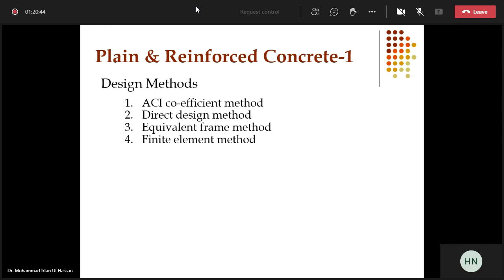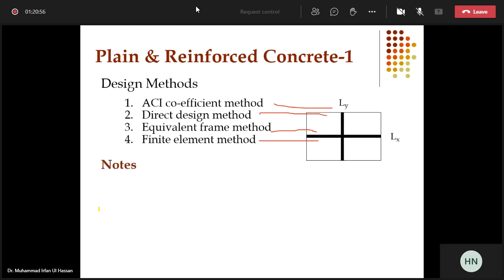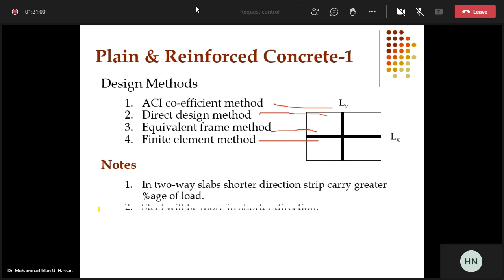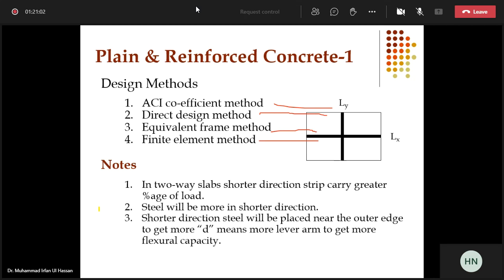There are different methods which can be applied to the two-way slab system: the ACI coefficient method, the DDM method, the equivalent frame method, and the finite element method. Reinforcement is provided in both directions, but the shorter direction takes the larger load and the longer direction takes the lesser load.